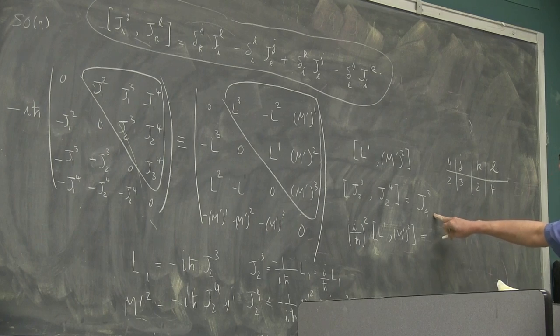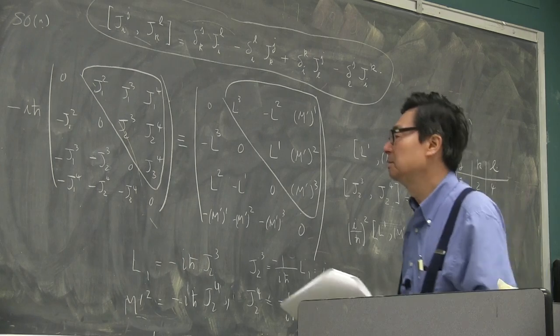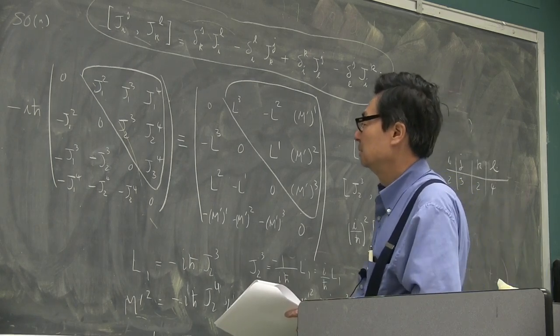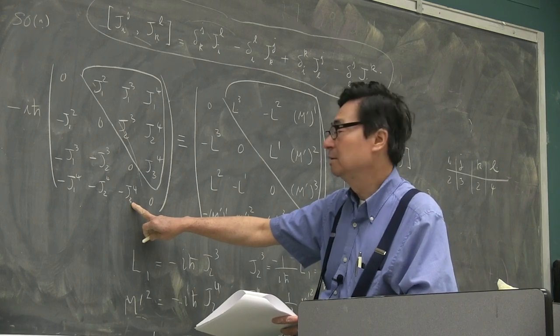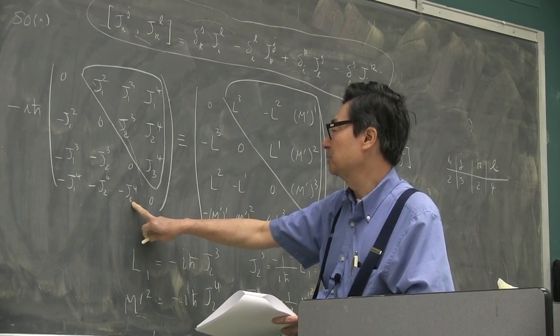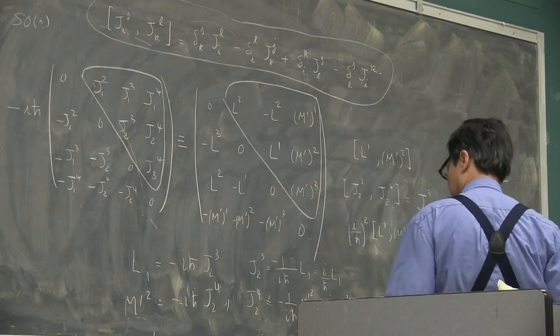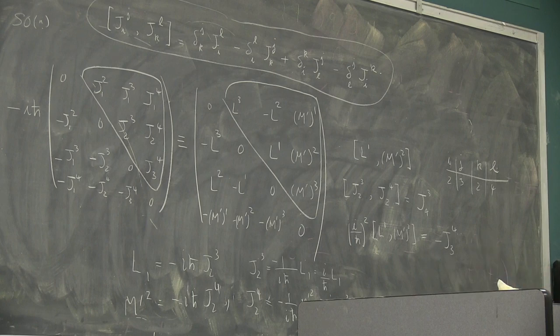J43. Where's J43? J43 is this guy in here. J43 is this guy, which is minus J34.